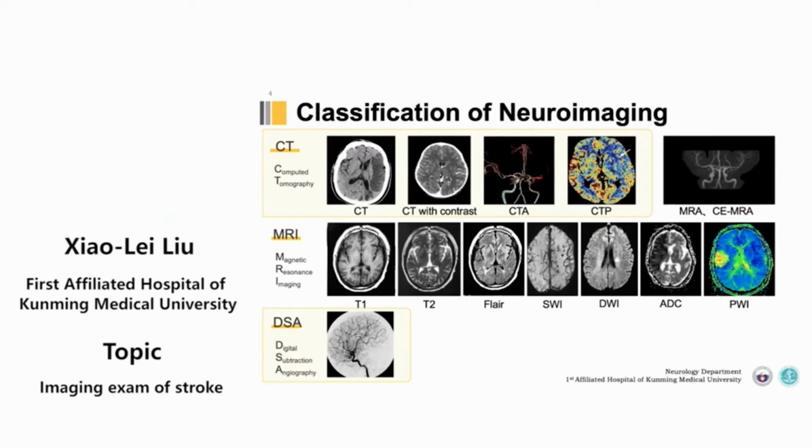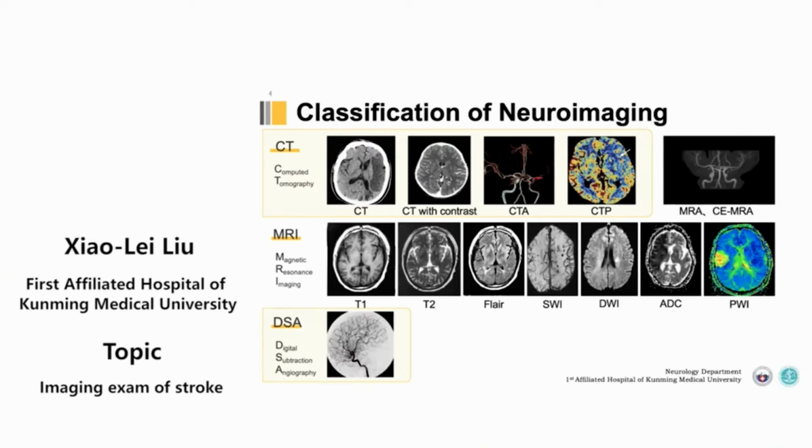And there are CT without contrast, CT with contrast, and CTA to see the arteries clearly, and CTP to evaluate the perfusion of the tissue.